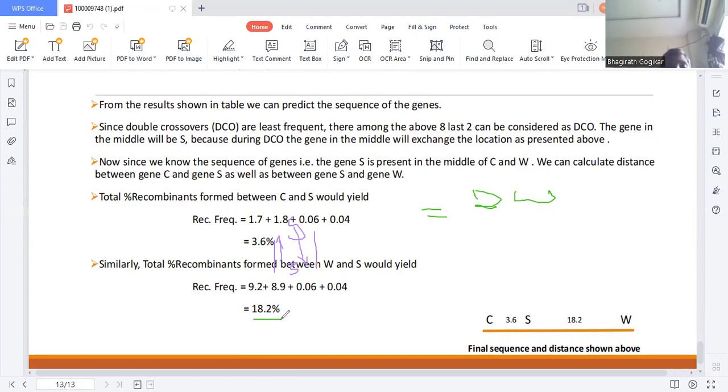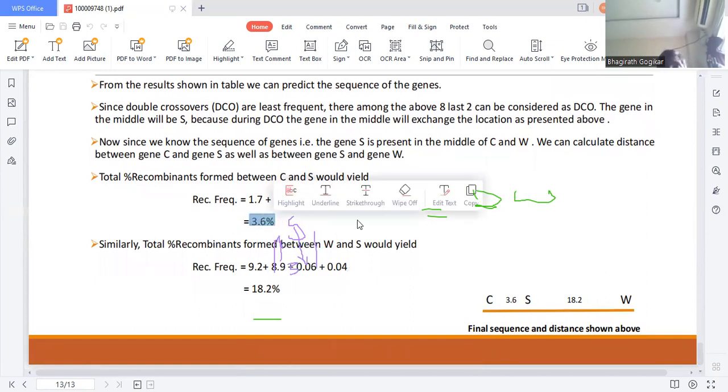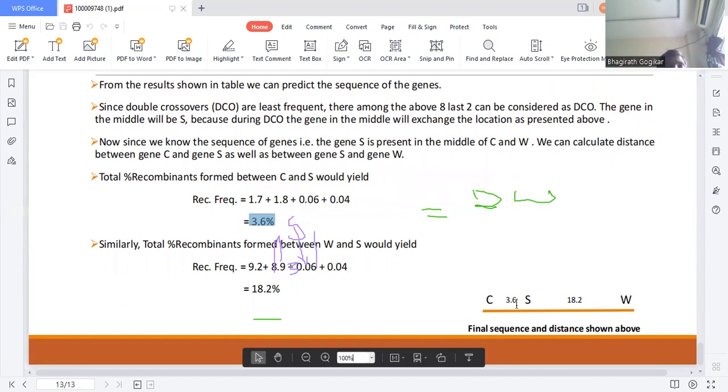Total is 18.2%. So 18.2% we can write like this. So with the 18.2 value, the distance between the C and S, how much is it? 3.6. So this is the percentage in terms of map units. And C and W, how much is it?